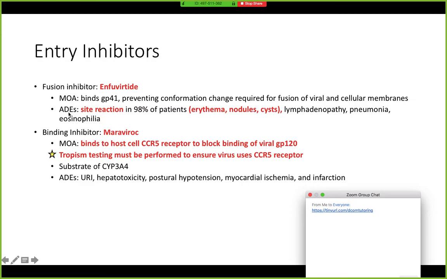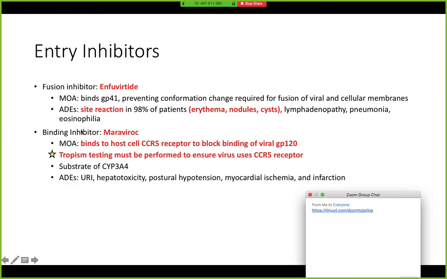And then adverse effects: in 98% of patients, they will have an injection site reaction, which can consist of erythema, nodules, and cysts. So for that reason, not really a favorite drug choice for a lot of people.